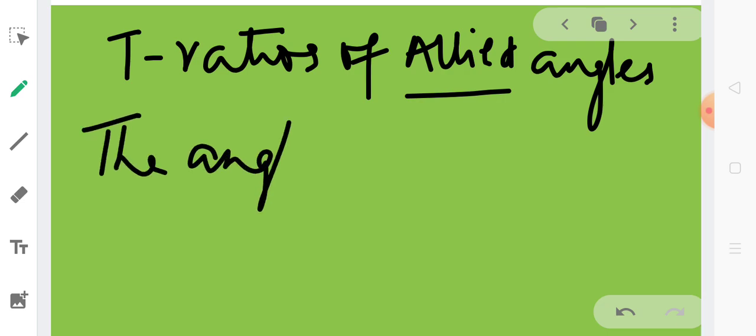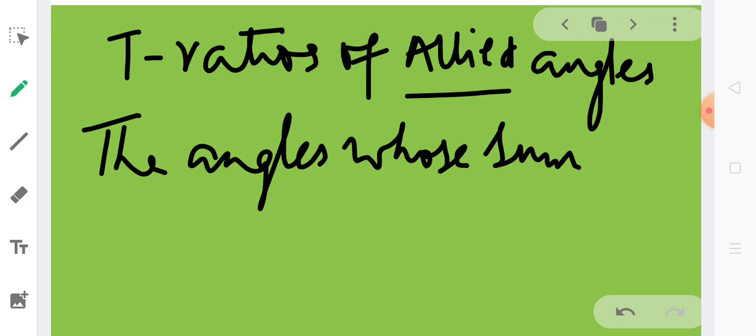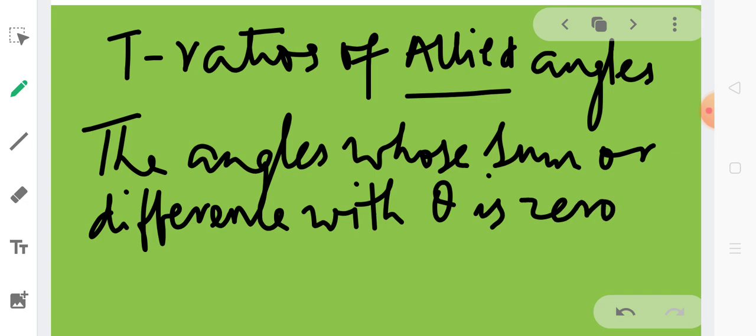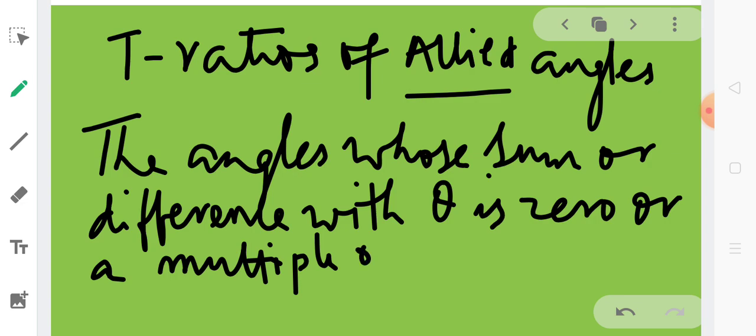The angles whose sum or difference with angle theta is 0 or a multiple of 90 degree are called angles allied to theta.